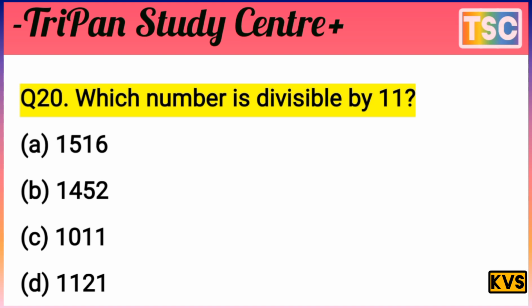It means 1452 is the answer. So option B is correct here. That's important. Let's see the next question.